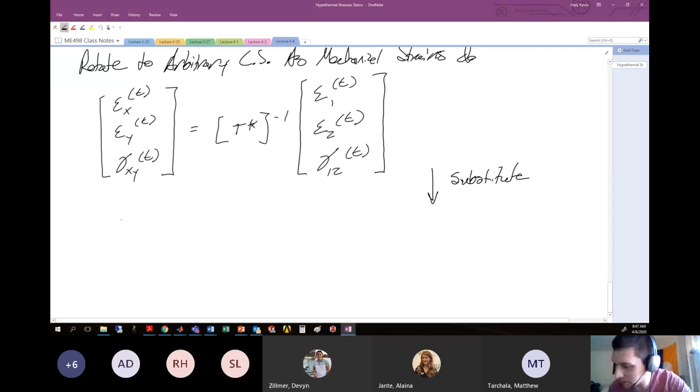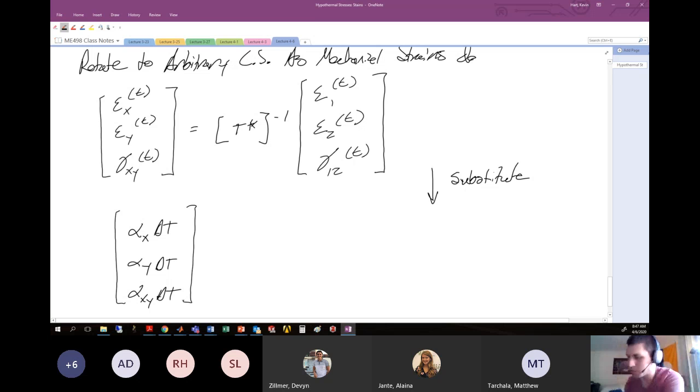Okay, so we can rewrite this as something like alpha x delta T, which is the thermal strain in the x direction. This will be alpha y delta T, the thermal strain in the y direction. And there will be an alpha xy delta T here, which is the thermal strain that comes from shear in the xy coordinate system, which will probably be non-zero.